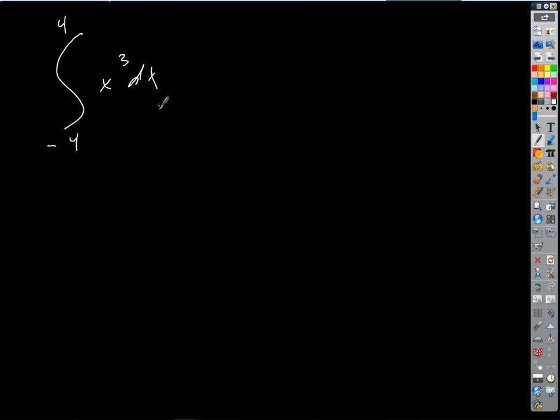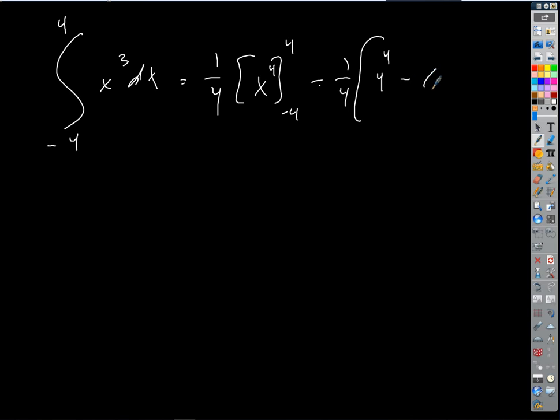And if we want to, we can pull the 1/4 out front, and we can just do this as 1/4 times x to the 4th, from negative 4 to 4. You probably already see what's going to happen, right? If we do it this way, and I leave that 1/4 out front, I just end up getting 4 to the 4th minus negative 4 to the 4th. What's that answer?